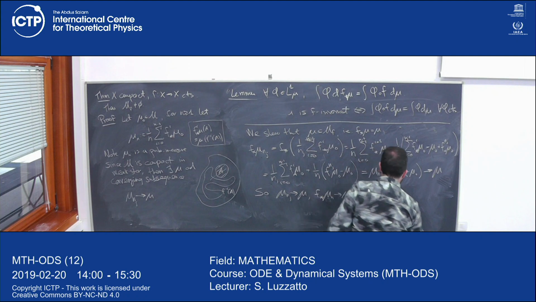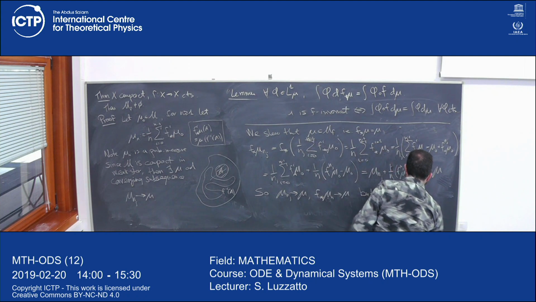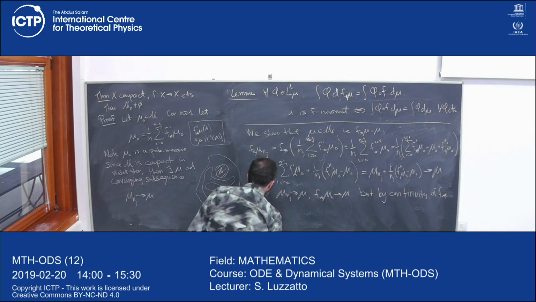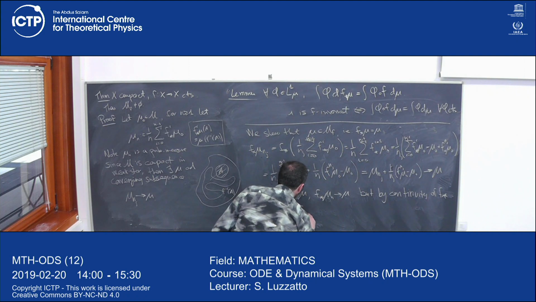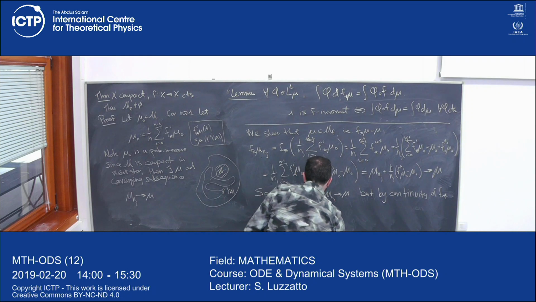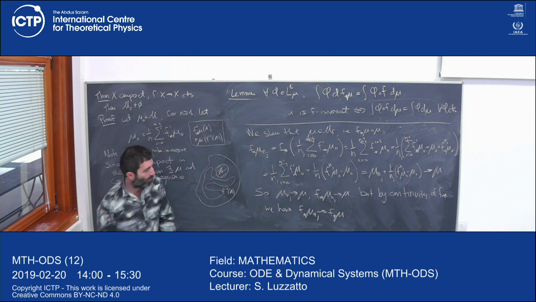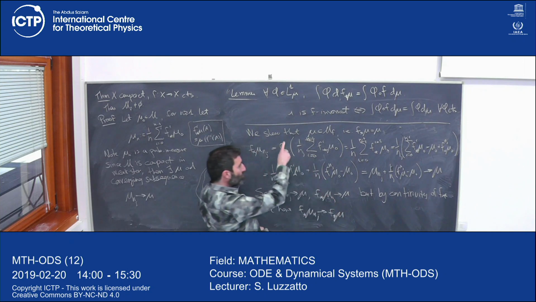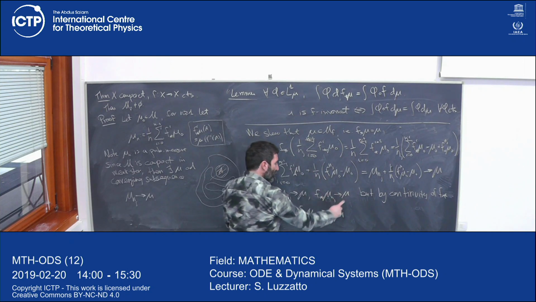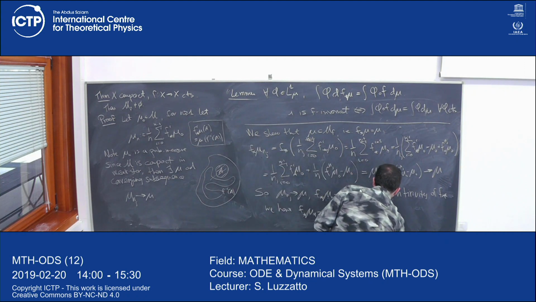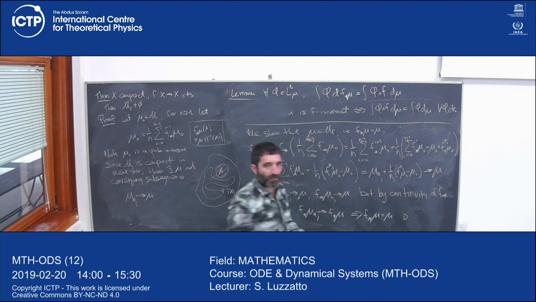But by continuity of F star, we also have that F star of mu nj converges to F star of mu. Right? So we know by continuity that F star of mu nj converges to F star of mu, but we've shown by this calculation that F star of mu nj converges to mu, so this implies that F star mu is equal to mu, which says that mu is invariant.